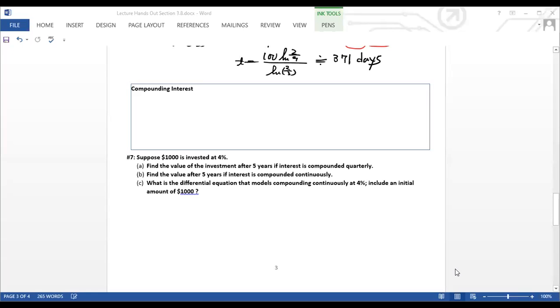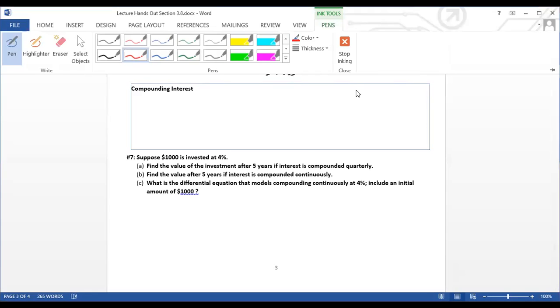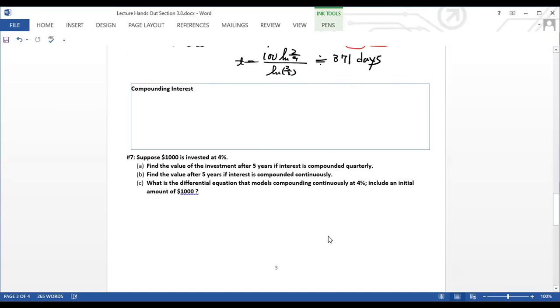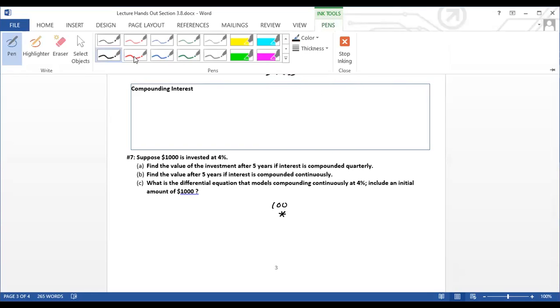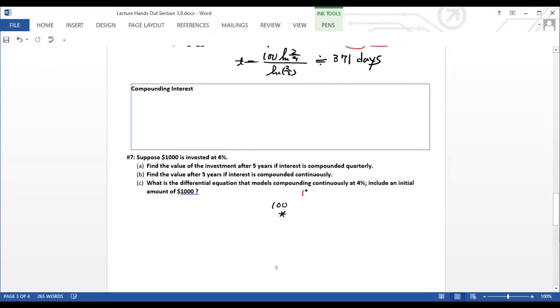Okay, so in here, let's take a look at what we mean by compounding interest. If I deposit money, for example, if I deposit $100, and let's just assume my interest is 10%.